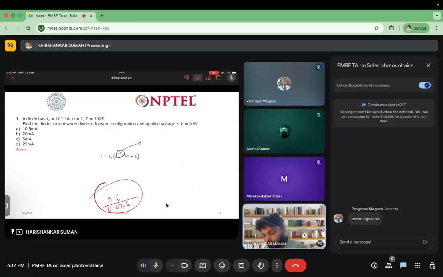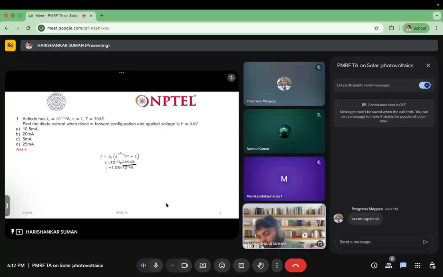Please solve like that, a better way. By approximation, this number is very large, so leave this minus 1 also, and you will get approximately 1.05 times 10 to the power minus 2 ampere.